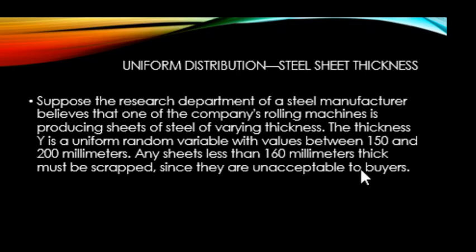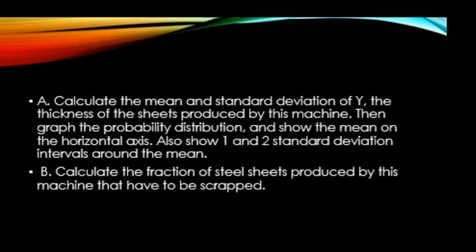What this means is that this variable y can take values between 150 and 200, and because it's a uniform random variable, the probability density function will be 1 over b minus a, constant between a and b. So here's what we need to calculate.